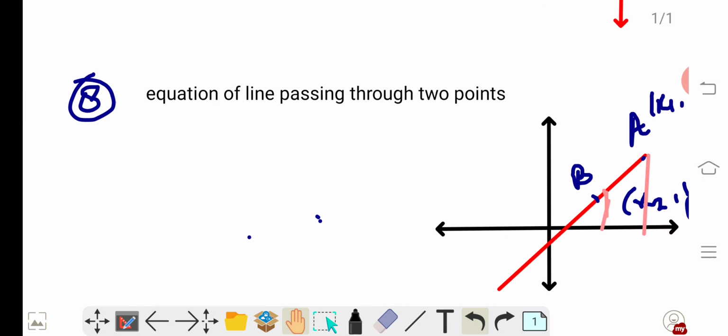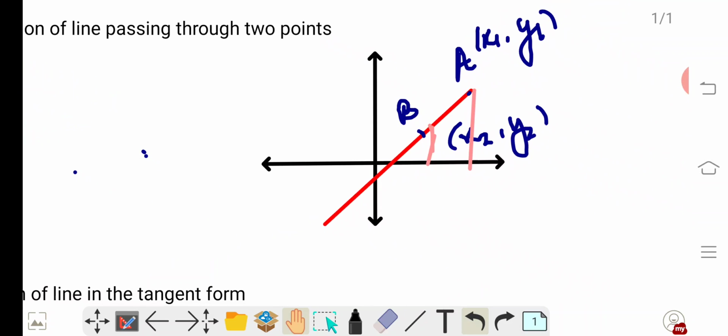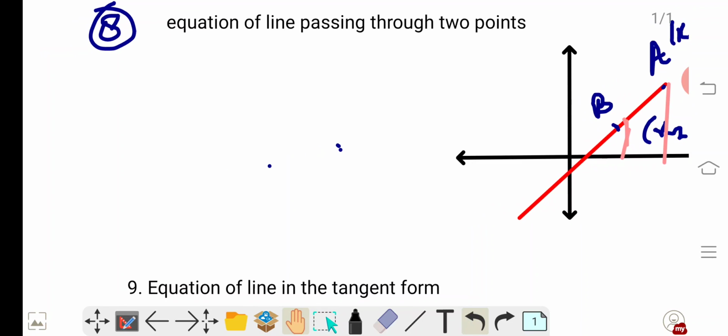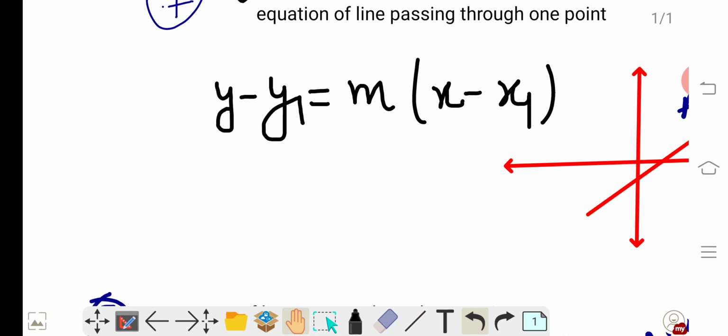Now the equation of a line passing through two points, say (x1, y1) and (x2, y2). For one point we have y minus y1 is equal to m into (x minus x1).